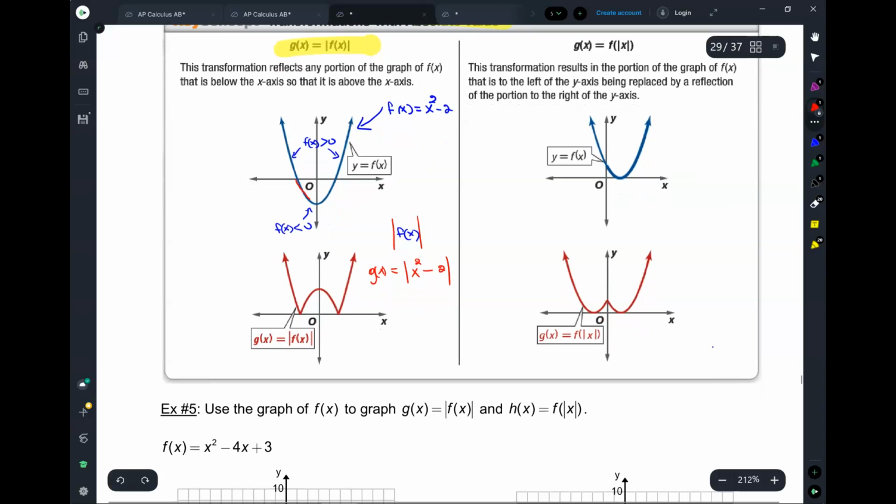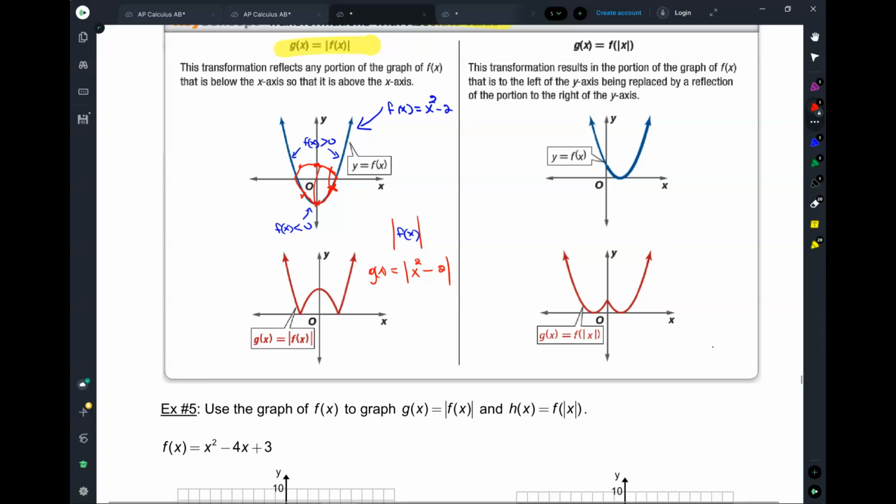But the part that was negative now has to be made positive. So for example, here, if y is negative 1, nope, now it's got to be positive 1. If y is negative 2, now it's got to be positive 2. Negative 1 has to be made positive 1. And when you graph that, look at what happens.